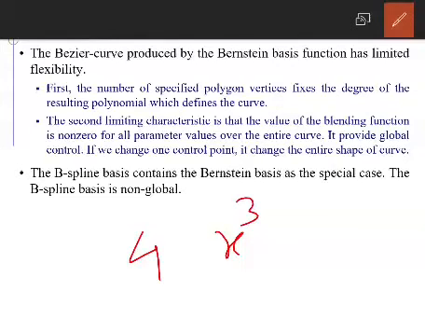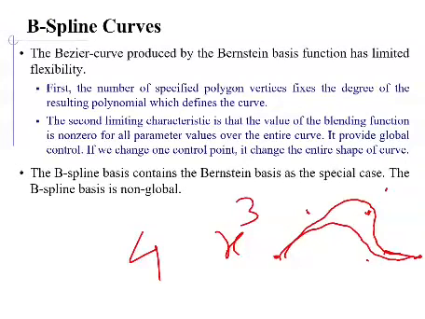For example, suppose we consider these 5 control points and draw a Bezier curve with them. If we change this control point from here to here, then it changes the entire shape of the curve. That is the drawback of the Bezier curve, and that's why it is known as global control. That drawback is avoided or minimized in the B-spline curve.